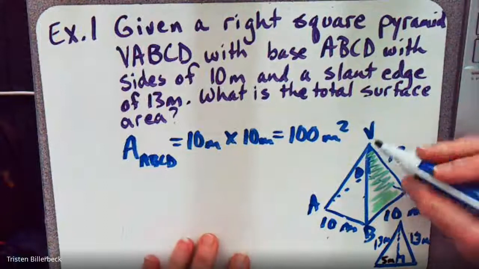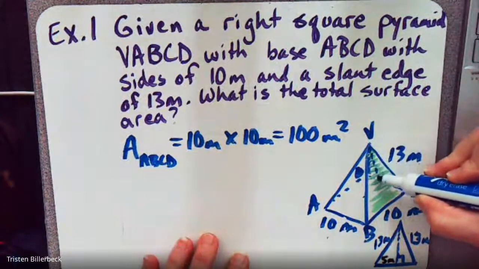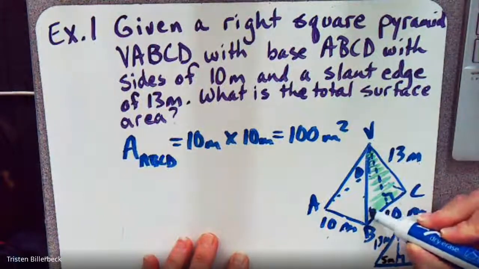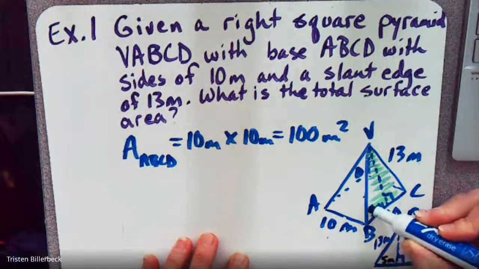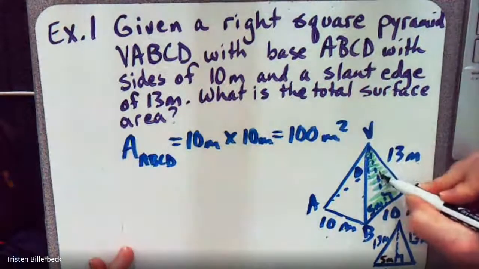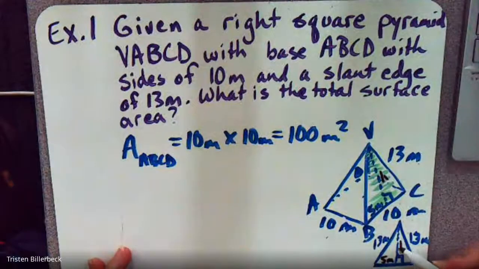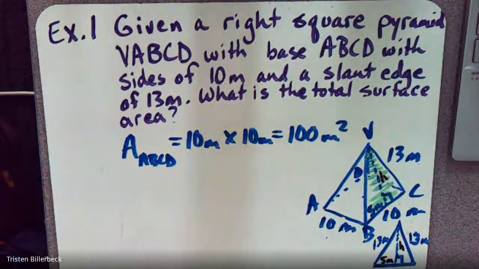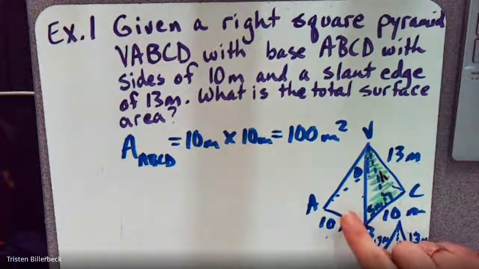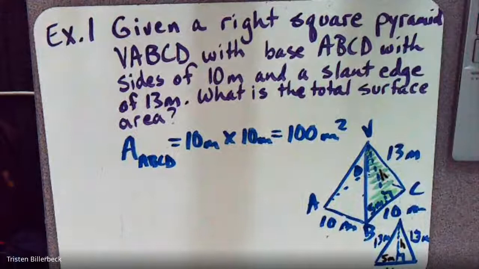I've taken this height down here, and I know that this is 5 meters right here. I need to find this height in order to find that surface area. And then once I find this lateral area, I can multiply it by 4.